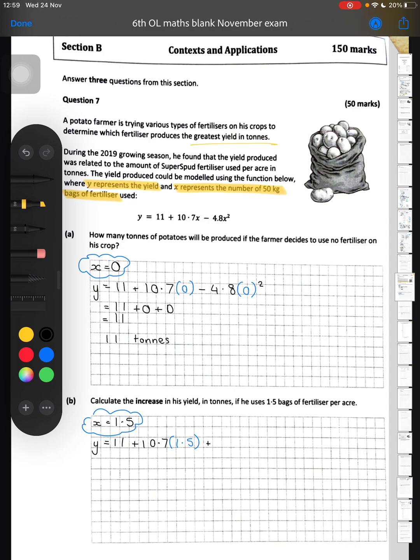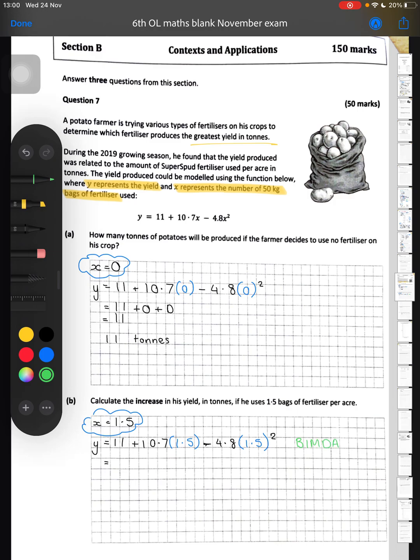And then I'm going to add, it's a minus. So make sure you take down the function properly. So minus 4.8 times my x value squared, so times the 1.5 squared. I'm going to fill all this in. I can either write it into my calculator, or I can go down through it in steps. I'm going to go through this in steps through BIMDAS.